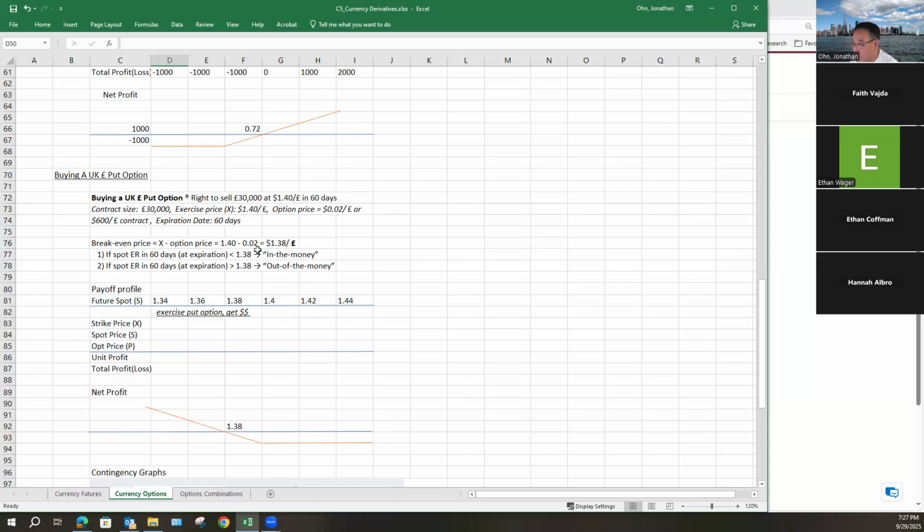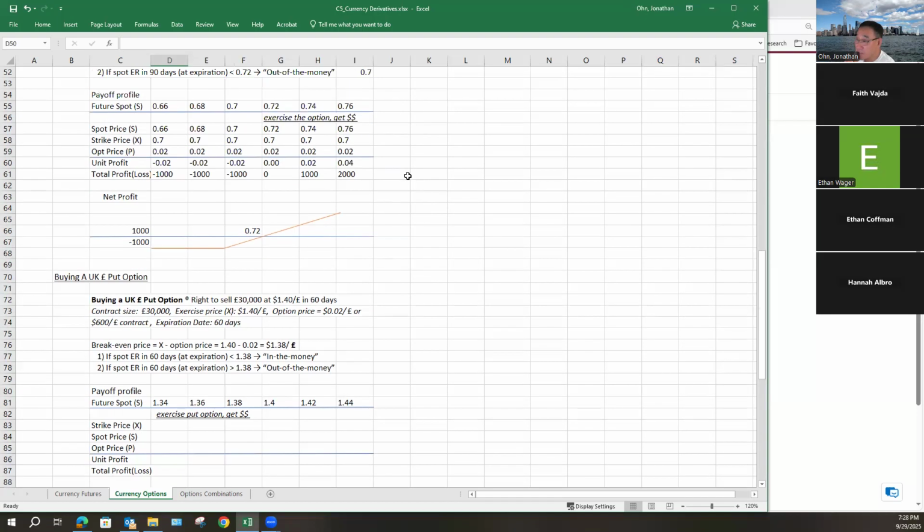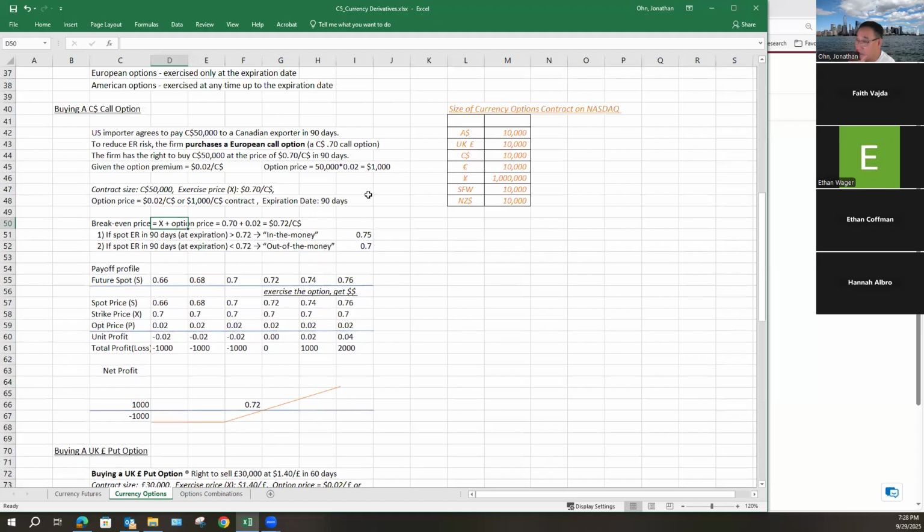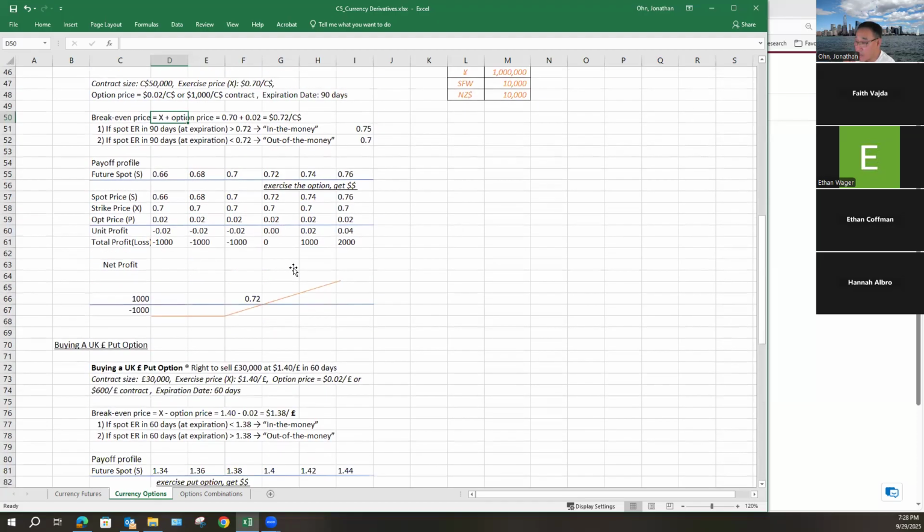So your break-even price is $1.40 minus 2 cents, which is $1.38. That is your break-even price. So it's different. Remember the difference between the call option and the put option.